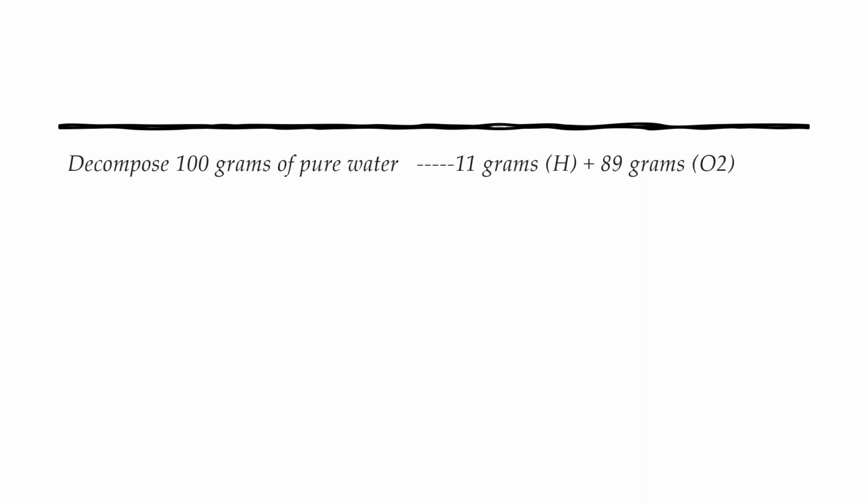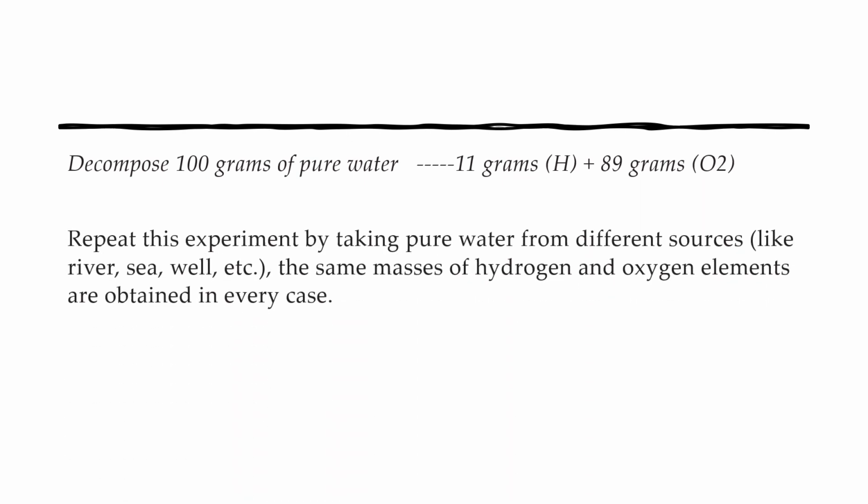Now, if we repeat this experiment by taking pure water from different sources like river, sea, well, etc., the same masses of hydrogen and oxygen elements are obtained in every case.